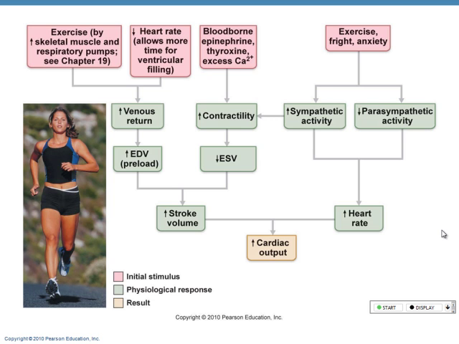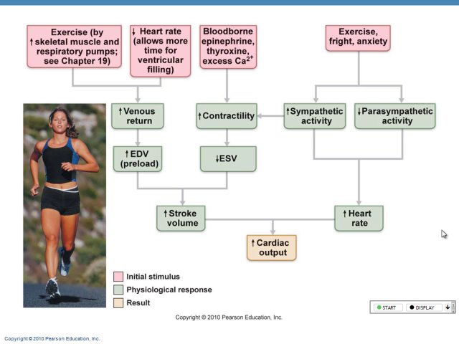Exercise, fright, anxiety, increases sympathetic activity, which increases contractility, which eventually does what? Follow all the arrows down. Yep, increases cardiac output. An increase in heart rate. And just do the math.